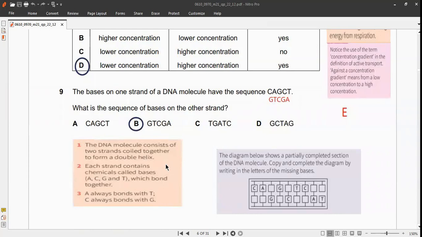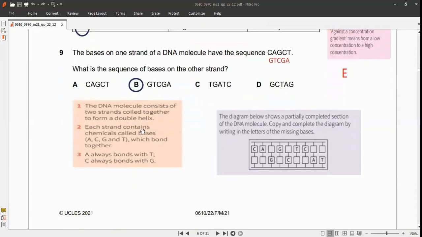A always bonds with T. C always bonds with G. So here C bonds with G, A with T, G with C, C with G, T with A. So the correct answer is B.